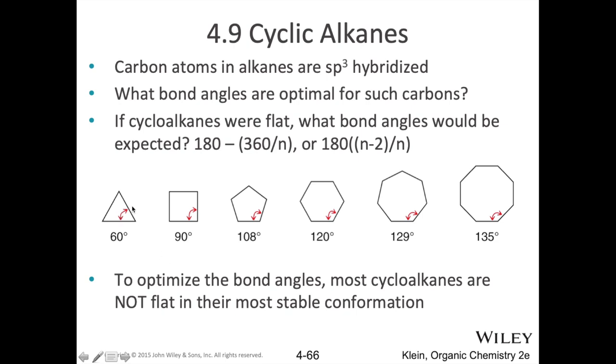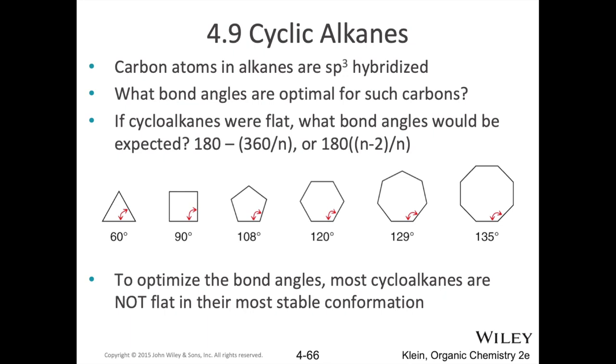The bond angles of cyclic alkanes are locked into place just geometrically, right? So, for example, if you have cyclopropane, those three carbons are connected in a triangle. Well, what is the bond angle in an equilateral triangle? It's 60 degrees.